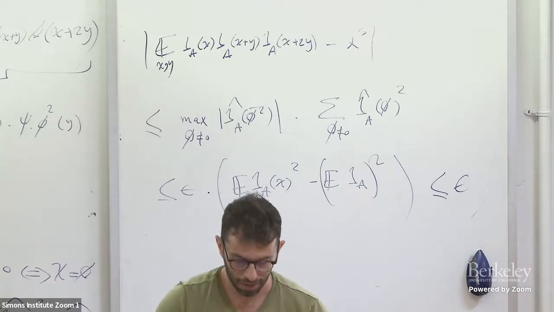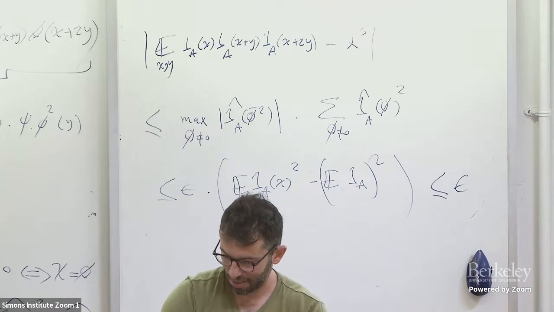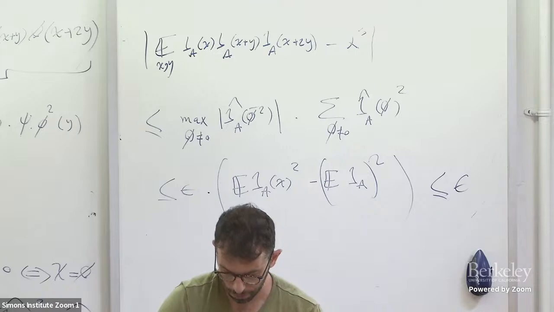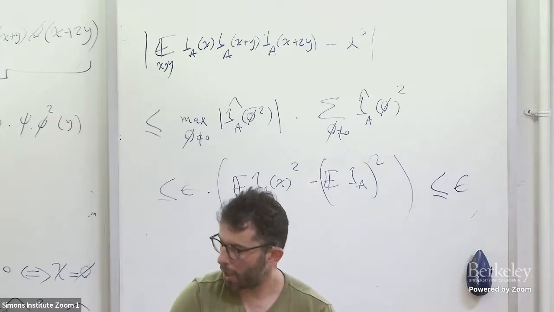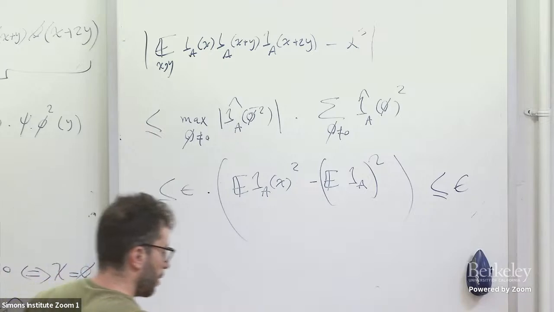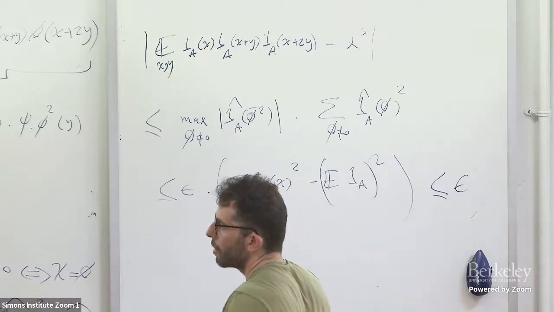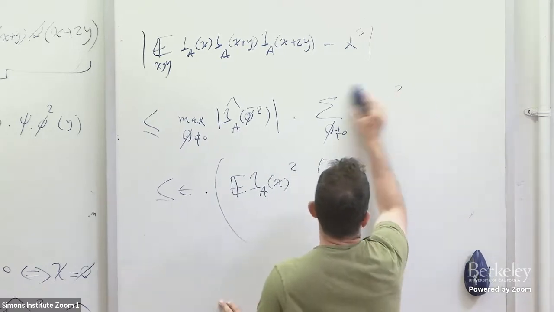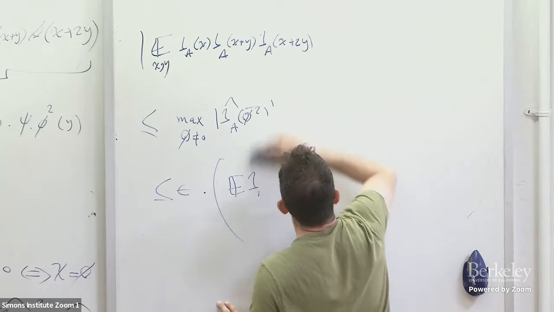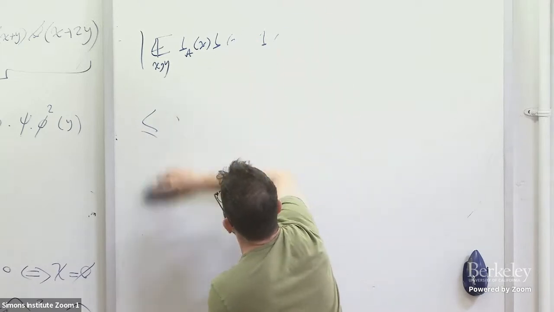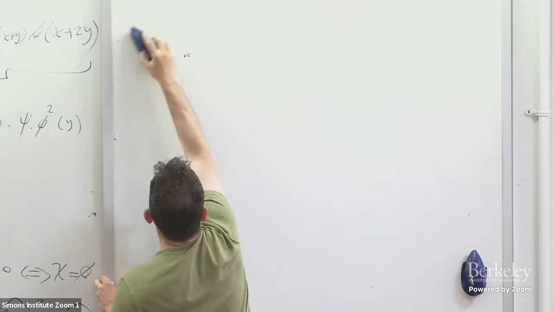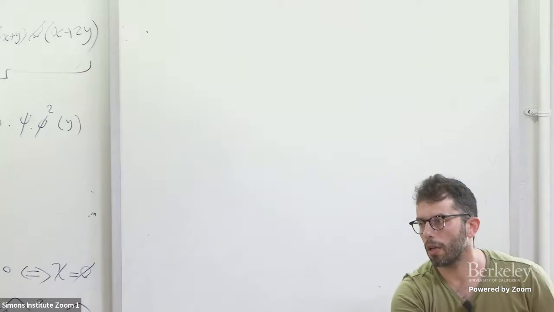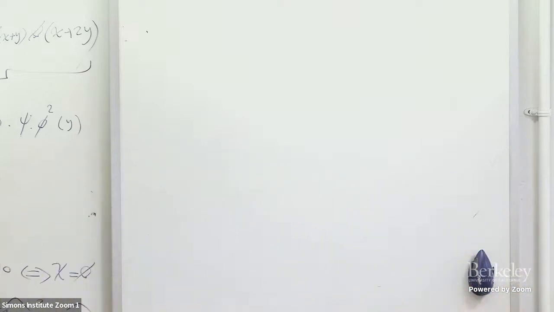So, five minutes. What can I say? One thing: the large Fourier coefficients are important, as you can see here, right?